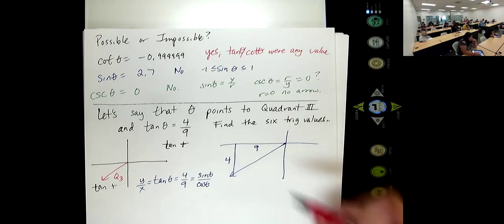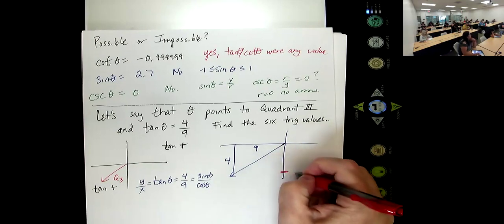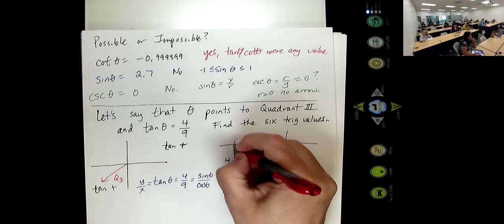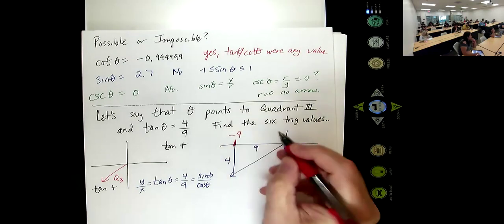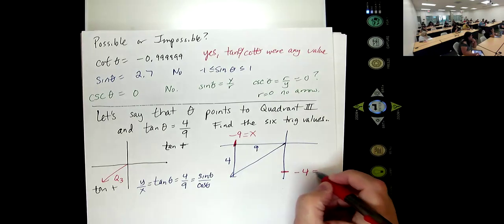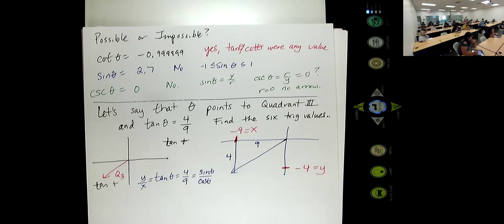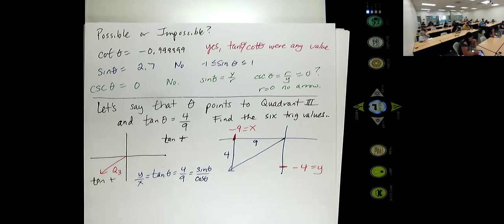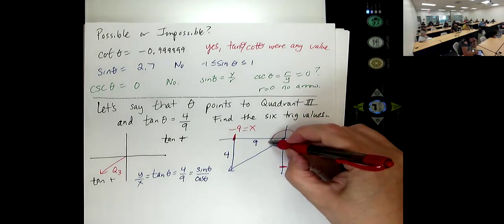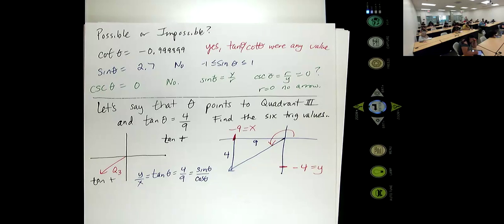But we're in quadrant 3, which means that's -4 and this is -9. So those are our actual x and y values. That makes sense to everybody? Yeah, it's clear.